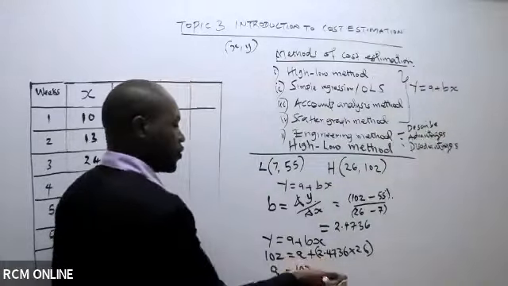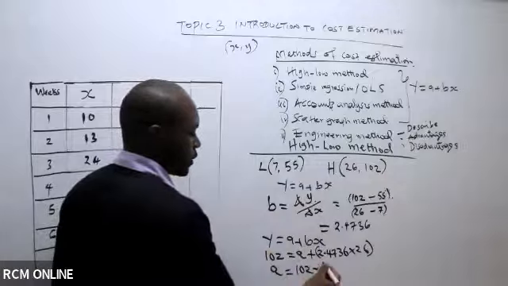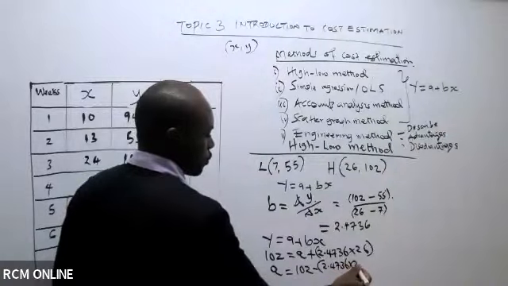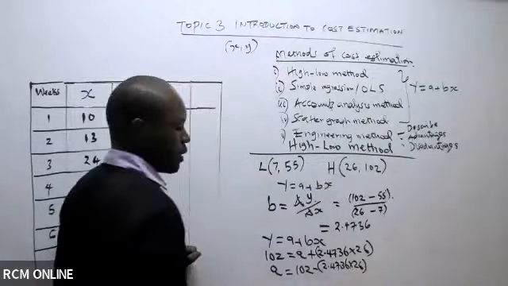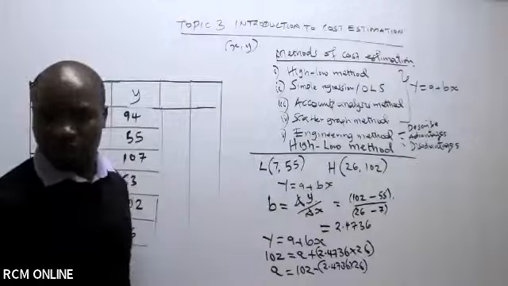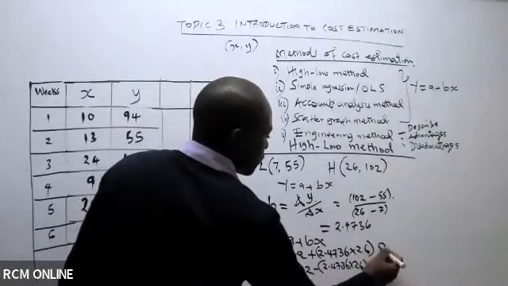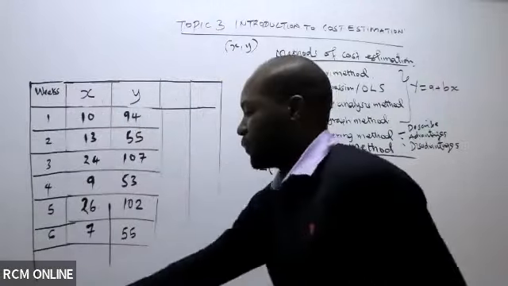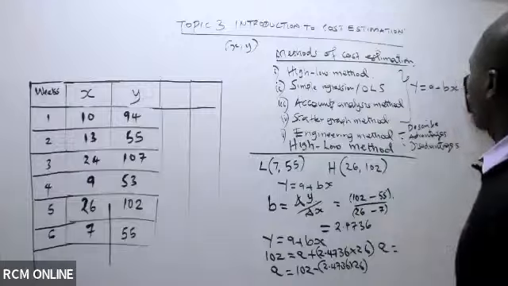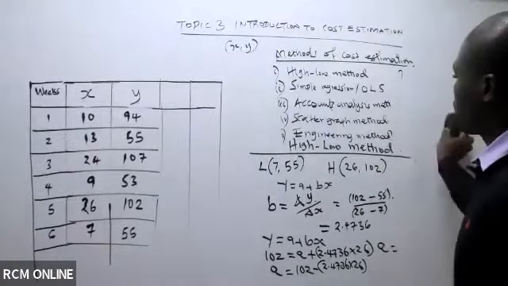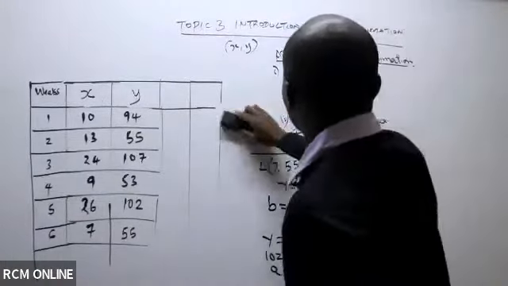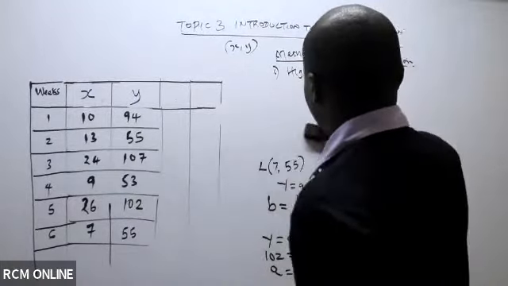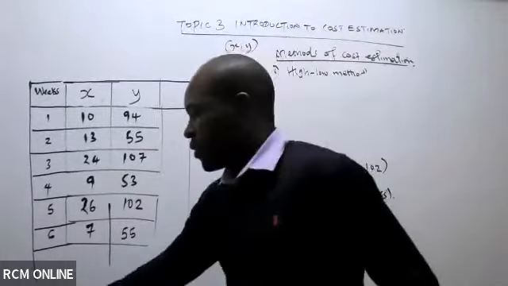And because this will cross the equal sign, it will be a minus 2.4736 times 26. Can someone give us the value of A?